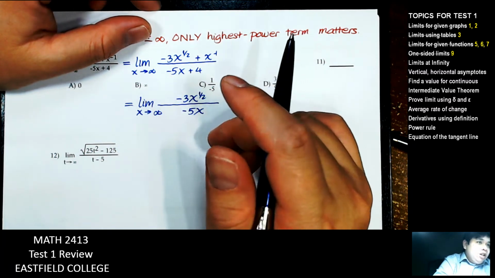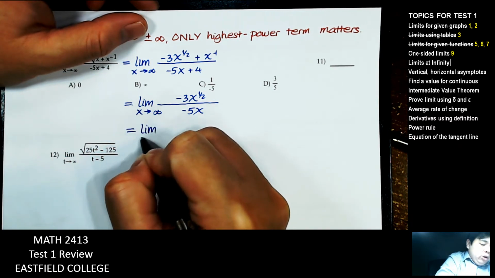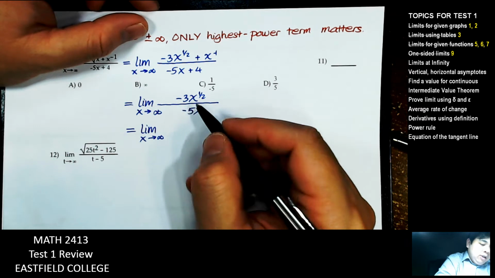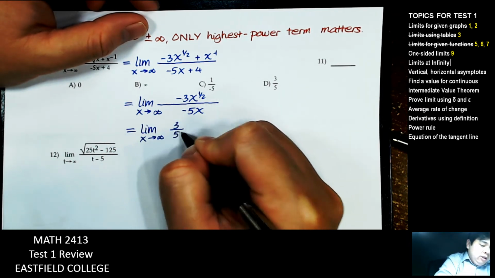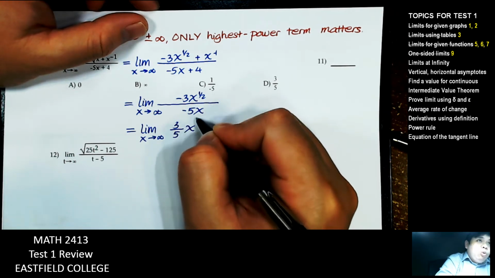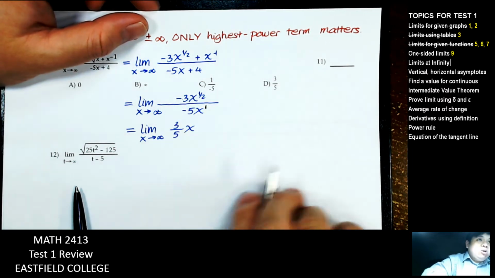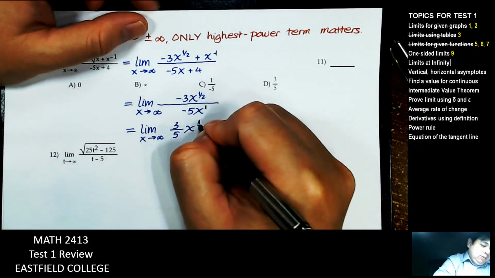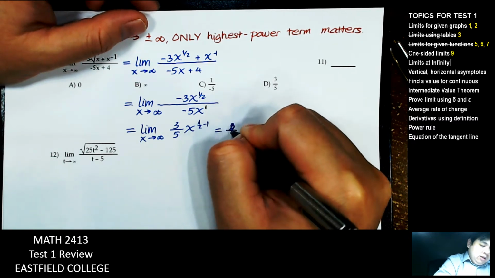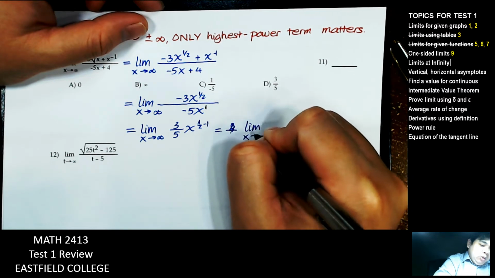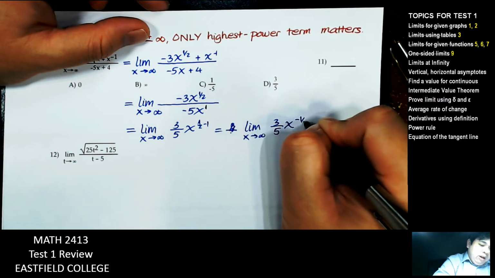Putting in infinity doesn't help, because infinity over infinity is also indeterminate. What we do instead: negative 3 over negative 5 is going to be 3/5. And then when we divide two things, we subtract the exponents, so 1/2 minus 1. So we have 3/5. Sorry, limit x to infinity of 3/5 x to the negative 1/2.